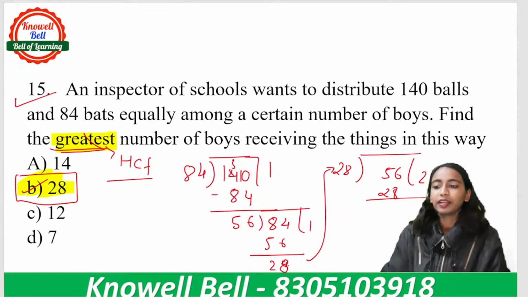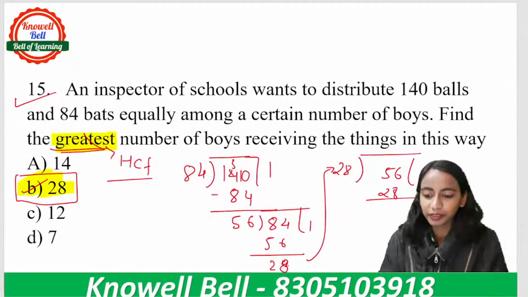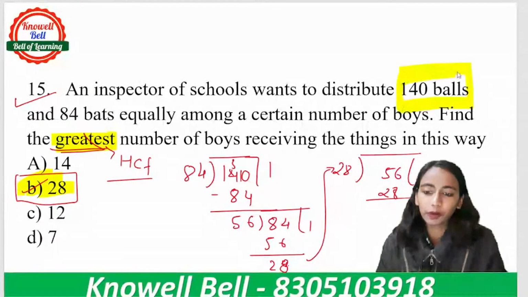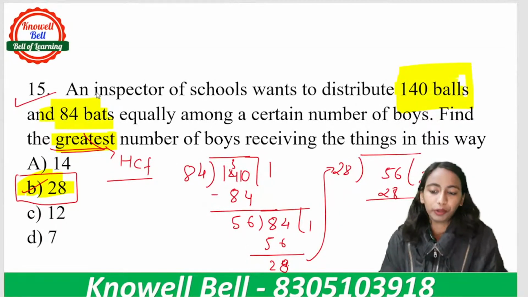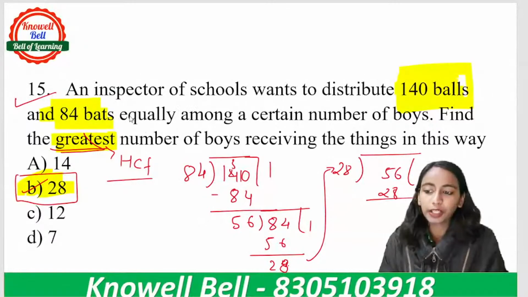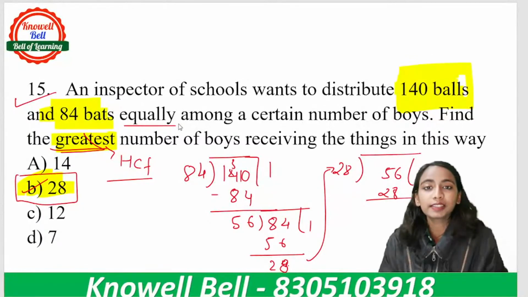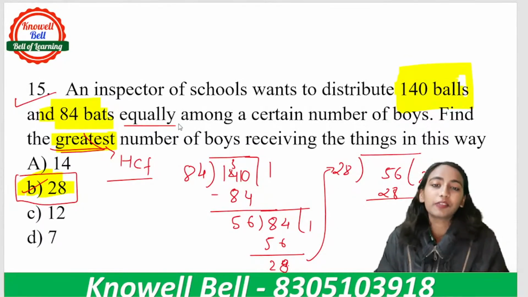Have a look. The question is saying there is an inspector in the school, and he wants to distribute 140 balls and how many bats? 84 bats to certain number of boys, and he wants to distribute them equally. What is the word important here? Equally. So we have to find the greatest number of boys who can receive the articles.